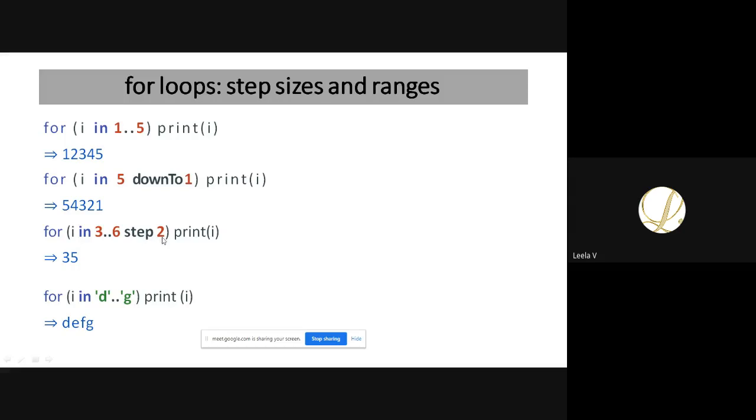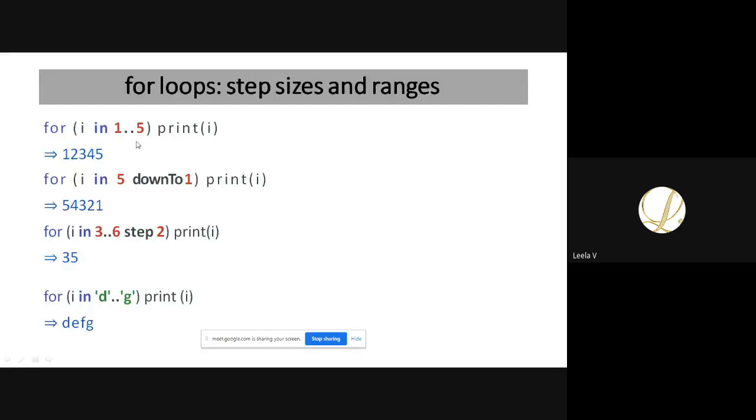If you give step 2, then first it prints 3, then it moves 2 steps, so it won't print 4. The next one is 5. And we are giving the limit as 6, so it doesn't print 6. You can step through different sizes; you can give 4 or 5, anything like that, as a step size.